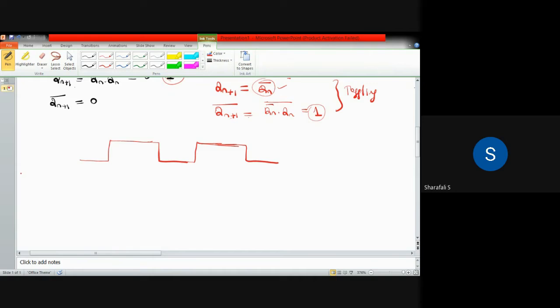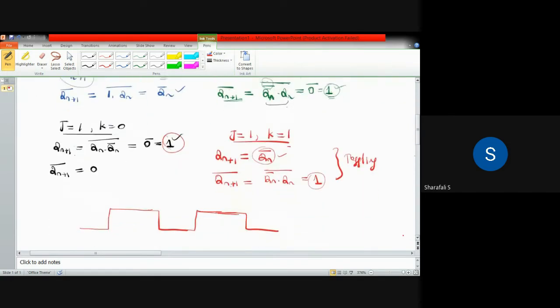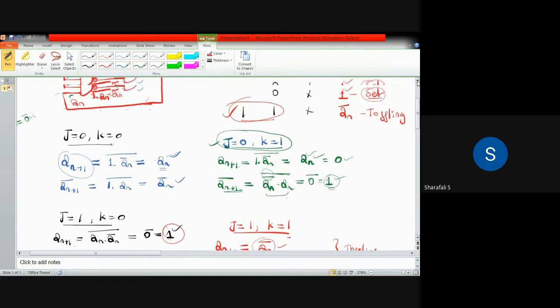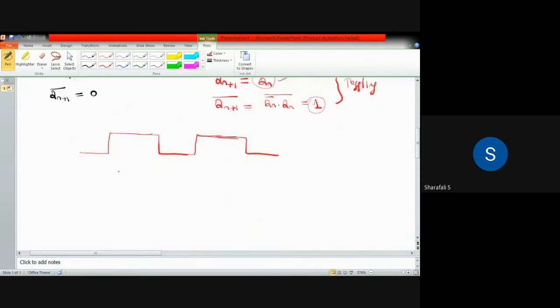When your clock pulse is high, only then your flip flop will be active, and we will get different values for Qn and Qn bar. For example, consider Qn under the J equal to 1 and K equal to 1 case. So this is my clock pulse, and if I draw the output, let's say this is my Qn.